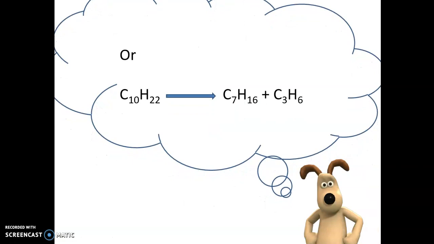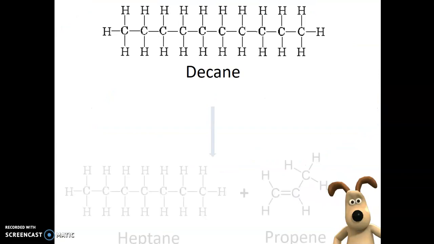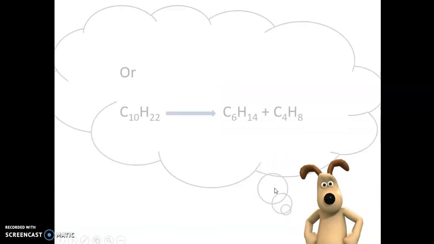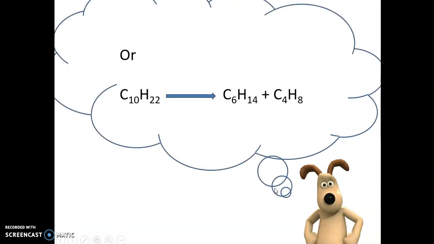Likewise, you could split decane into heptane, C7H16, and propene. And again, there's heptane, 7 carbons, 16 hydrogens, and there's propene, 3 carbons, but because of the double bond, only 6 hydrogens, whereas propane would have 8 hydrogens. Likewise, you could split decane into hexane and butene.